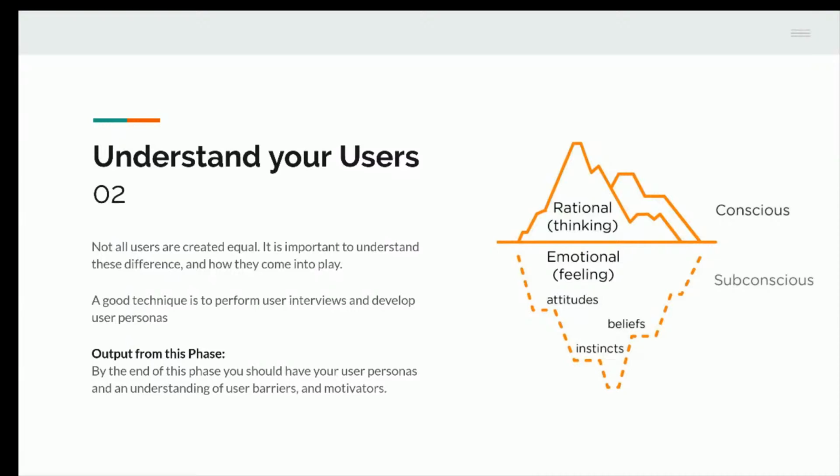We'll talk more about them in upcoming slides, but these are basically ways to get an organic feel for your users and try to use what you understand about your users to better serve your product. So at the end of your understanding your users phase, you should have your user personas, you should understand your user barriers, and you should understand their motivators, because all of these will come into play when they're using your product.